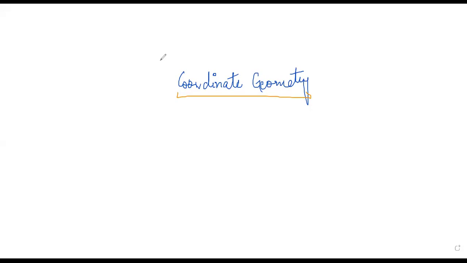Write down the midpoint of the line segment joining P, that is this, and Q, that is this, is M. So basically the midpoint of the line PQ is M. Now, this is one thing.